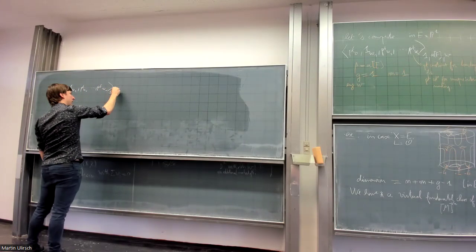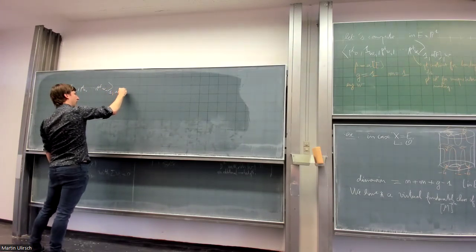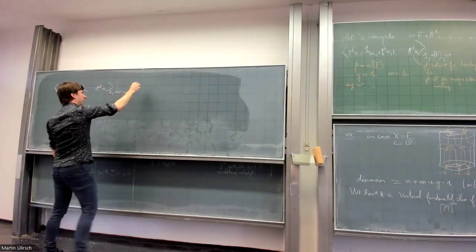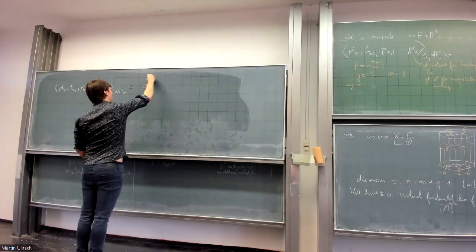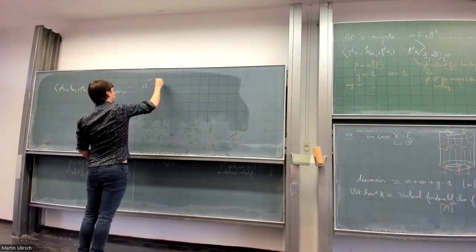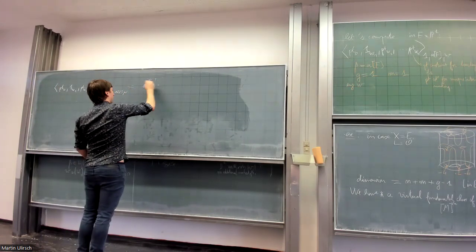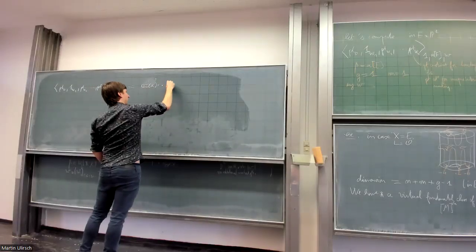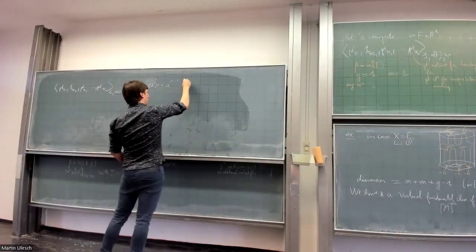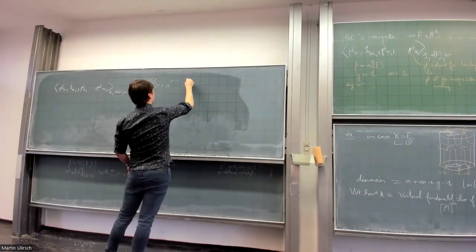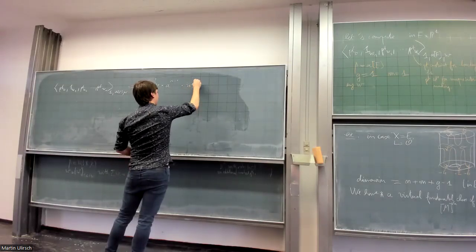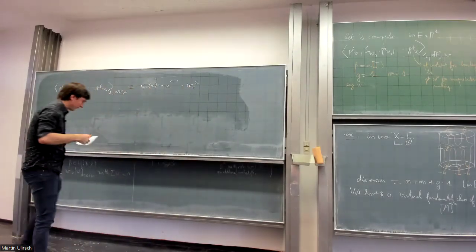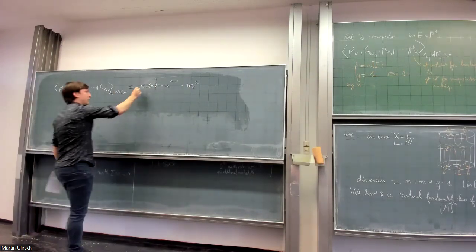Genus 1, times the class of the curves on this W. Now this is equal to A^{n-1}. I should not write this one first. And the last one is W_1 squared. What is sigma_1 of A?